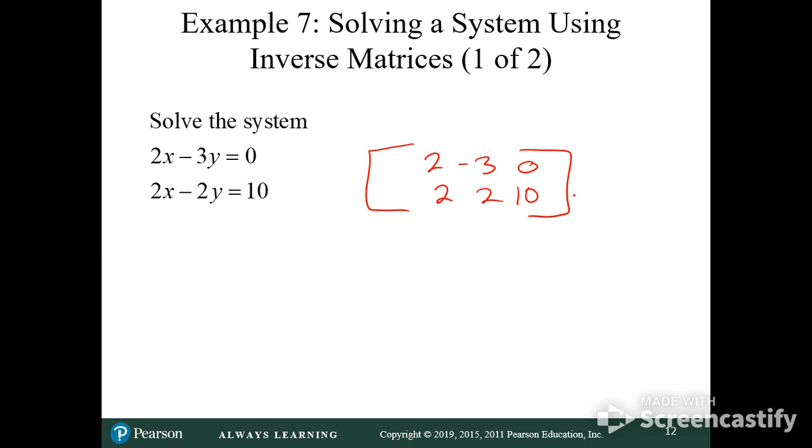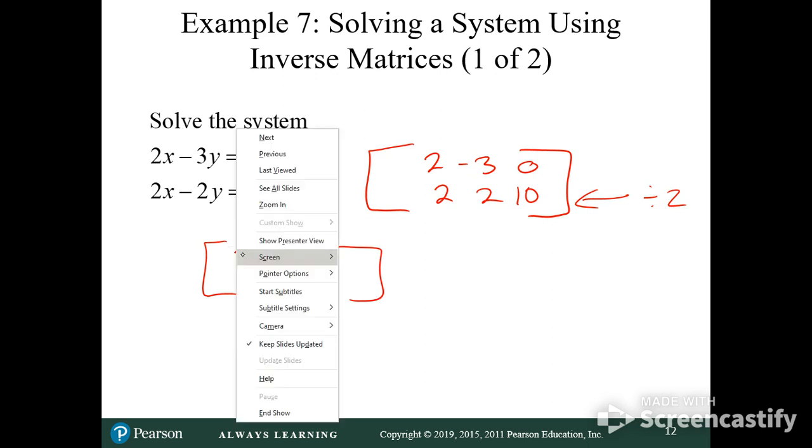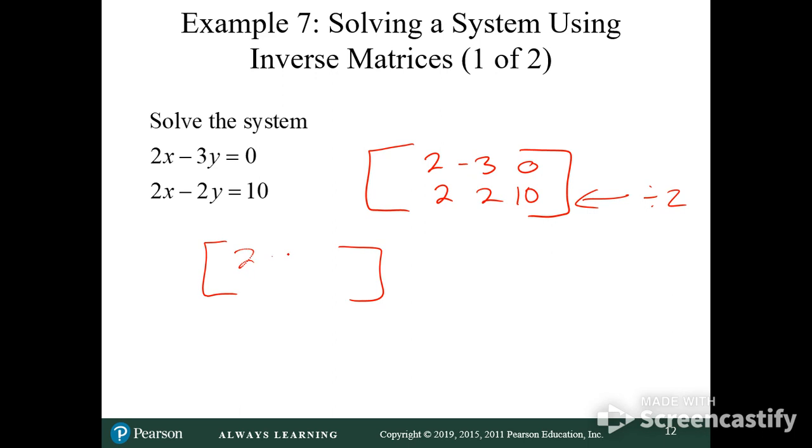So what I'm going to do is divide this row by 2. So I'm going to have 2, -3, and 0, and then we're going to have 1, 1, and 5, okay? Then I'm going to flip-flop those 2 rows. So I'm going to have 1, 1, and 5, and 2, -3, and 0.